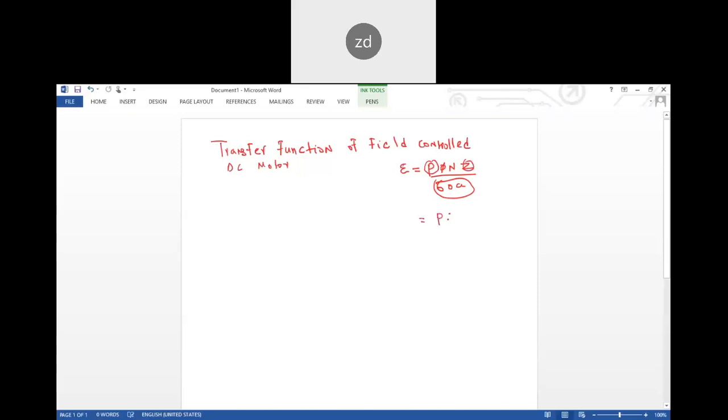So P Z by 60A is a constant term and the leftover terms are N phi. This constant is called K. So your motor equation can also be written as K phi N. This is the primary equation for the motor.